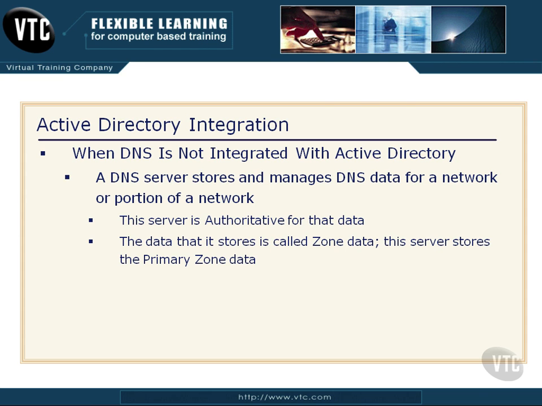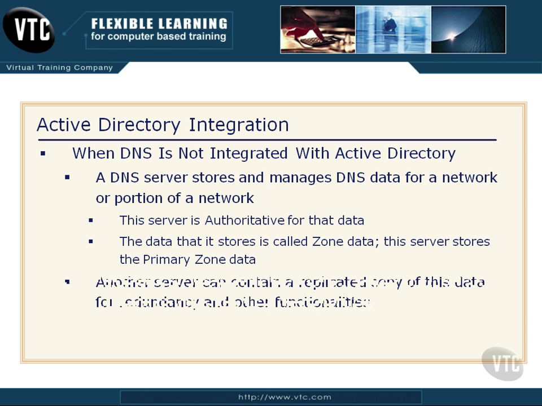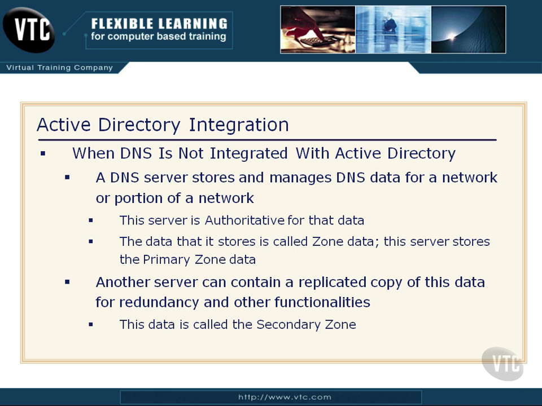Now, the data that is being stored on that authoritative server is also known as zone data, or really any DNS data that's stored as a unit is called zone data. And this server is storing the primary zone data. Now we can take another DNS server, build it on our network, put a replicated copy of that primary zone data for redundancy and some other things, and this data that's on the replicated copy is called secondary zone, and data replication keeps those two in sync.